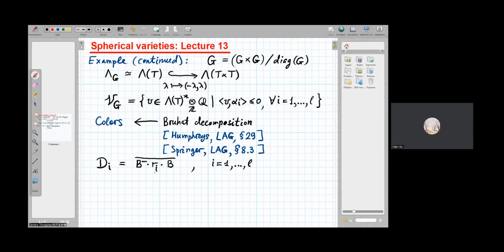And these r_i's are what are called simple reflections. These elements r_i are called simple reflections. Let me recall what simple reflections are. Maybe I should better turn to the next page.